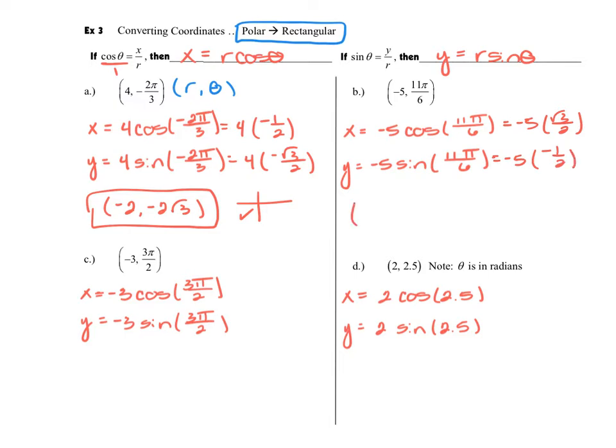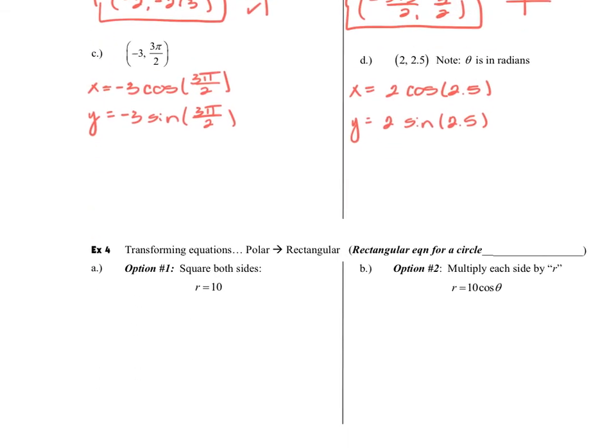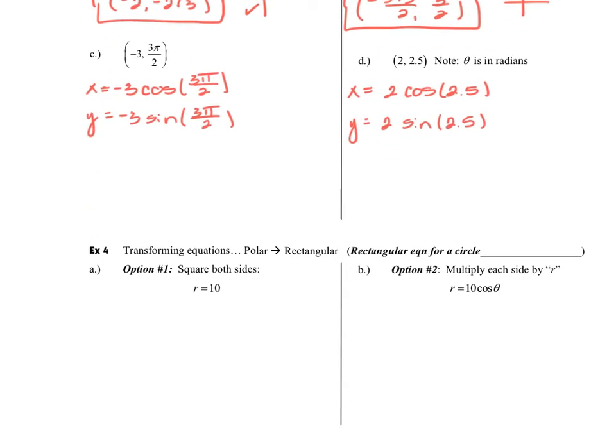So when I clean that up, I get negative 5 radical 3 over 2, comma, a positive 5/2. That's its form in rectangular form. If I plotted that, it'd be in the 2nd quadrant, and if I plotted the original polar point, it would also land in the 2nd quadrant. So it's an important skill to be able to do a quick visualization of where they would be.